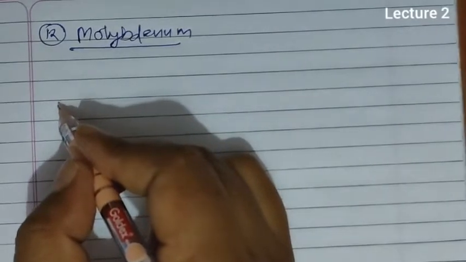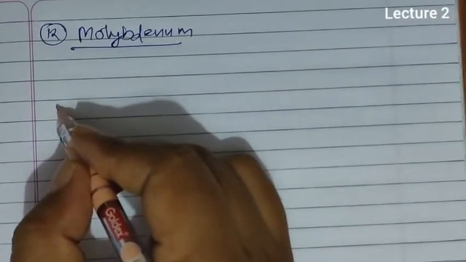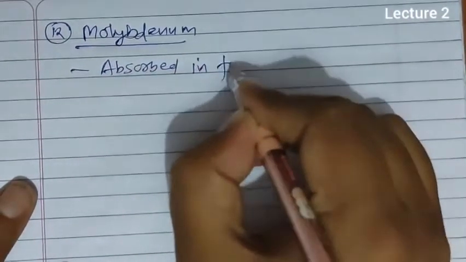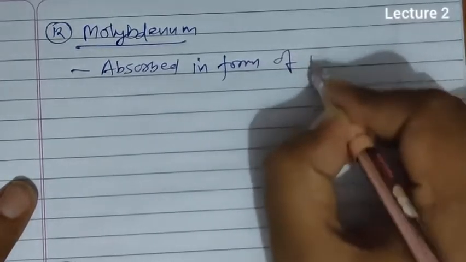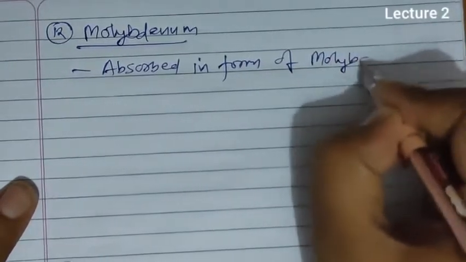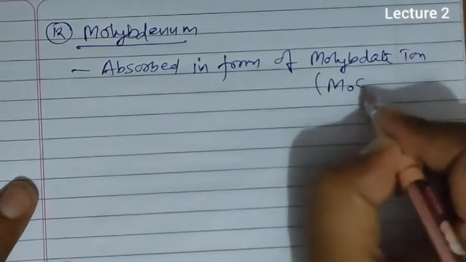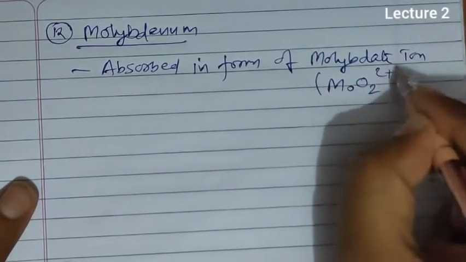Next micronutrient is molybdenum. Molybdenum is absorbed in form of molybdate ion, that is MoO4 2 minus.